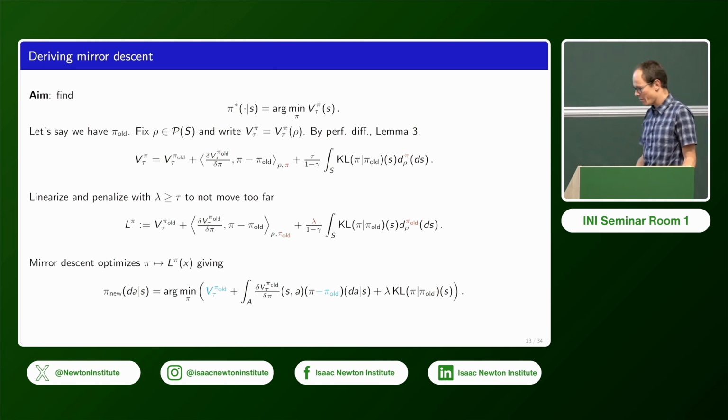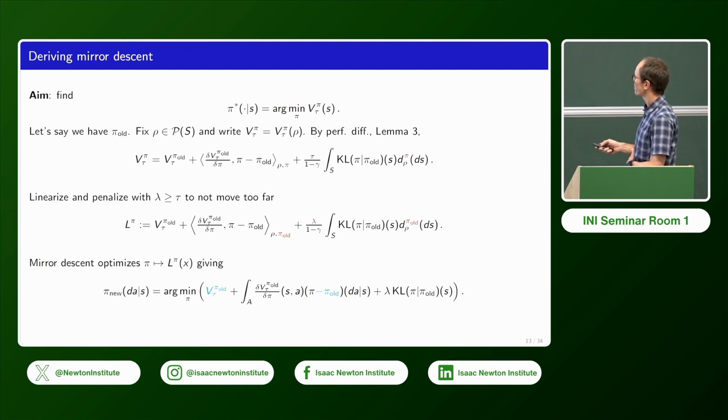Okay, so there are many ways of getting to mirror descent, but let's try to motivate it as follows. Remember, my overall objective is to find the optimal policy pi star, which comes from minimizing the value function of my MDP. Let's say you have an old policy and you would like to utilize that knowledge and improve on it.